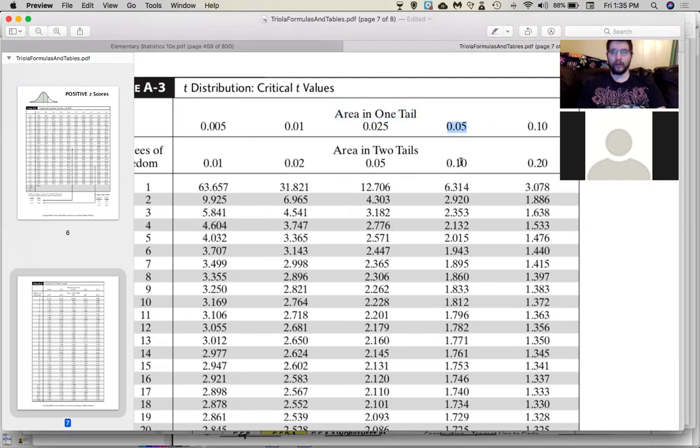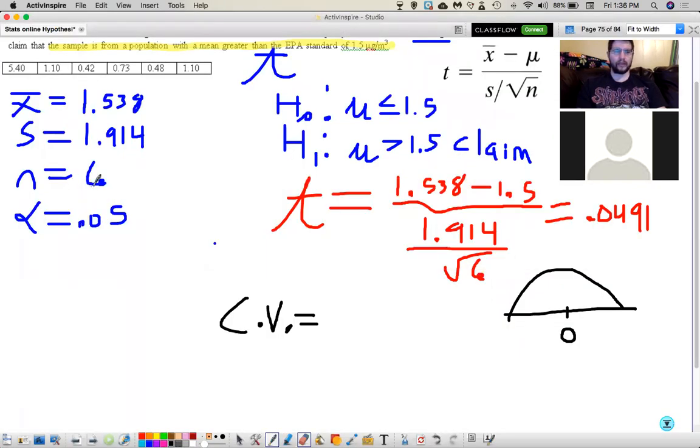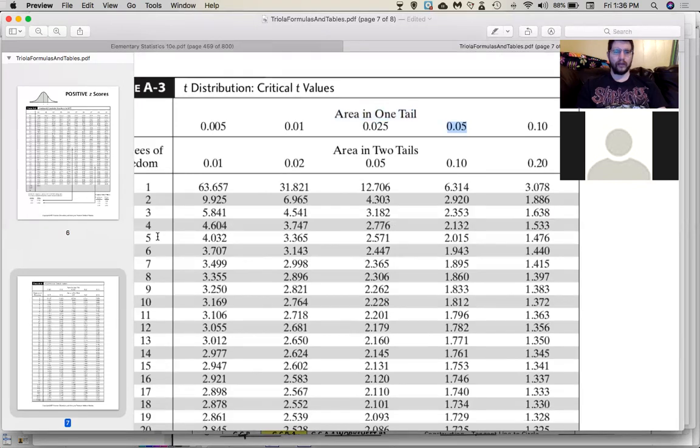Now I need my degrees of freedom. N is 6, so my degrees of freedom is n minus 1, which is 5. So right in this row, this column, boom, 2.015. That's my critical value.